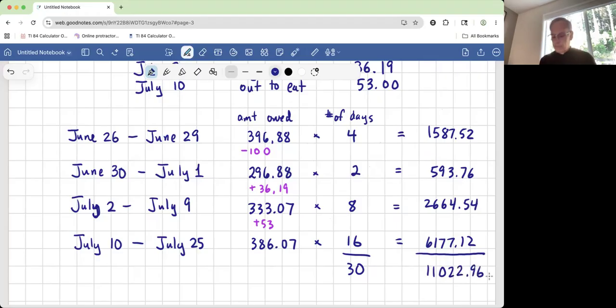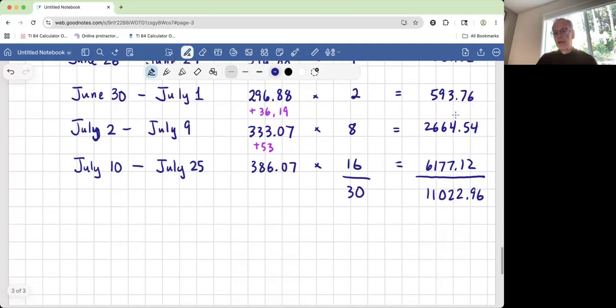So later on, we're going to use spreadsheets to do this. I say the amount owed, I call that a data value X. And then I say the number of days is a frequency value, F. So then this column ends up being the frequency times the amount, so FX. All right. Then 30 is my N. This is going to be sum of FX. All right.